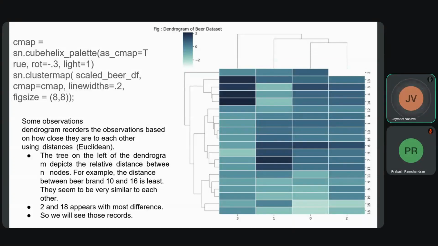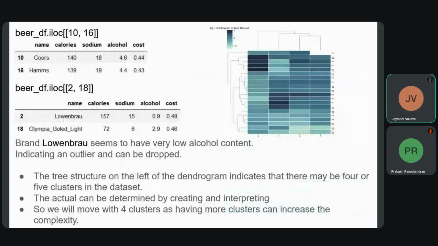We'll look at the most similar and the least similar records. When we print the information regarding 10 and 16 being the most similar and 2 and 18 the least similar, you can see the similarities in the calories, sodium level, alcohol level, and the cost, and the differences for observations 2 and 18.